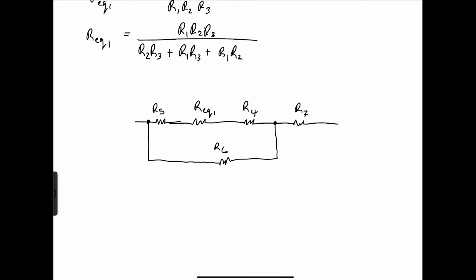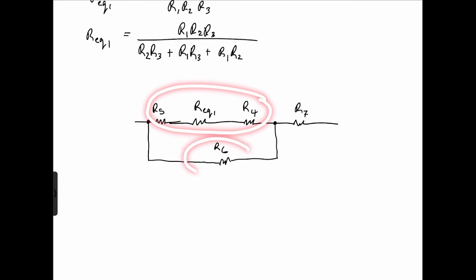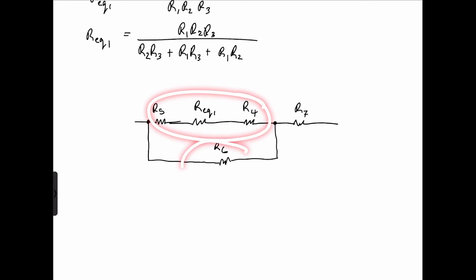So as you can see, we could just write this all as these 3 in parallel with R6. But let's just combine these in series first, and then after that, we combine those in parallel.